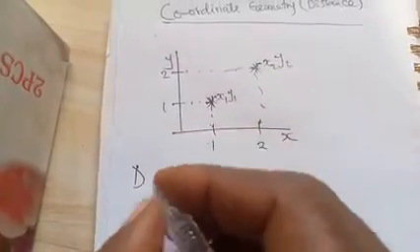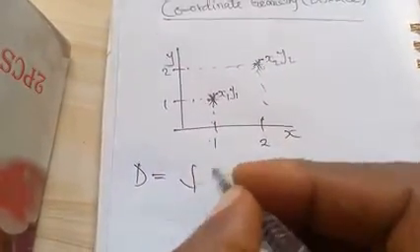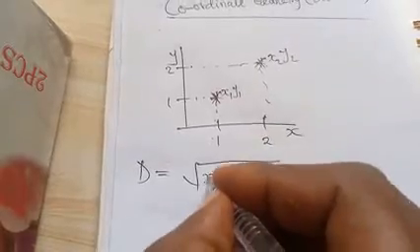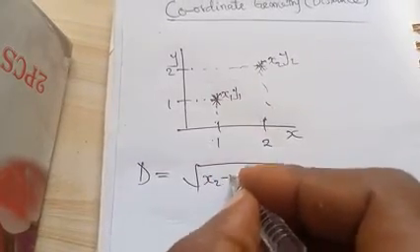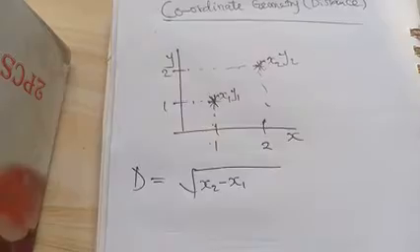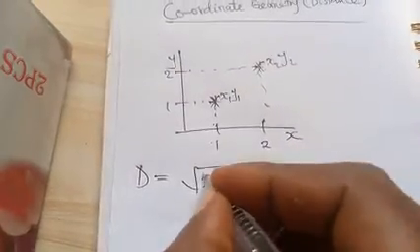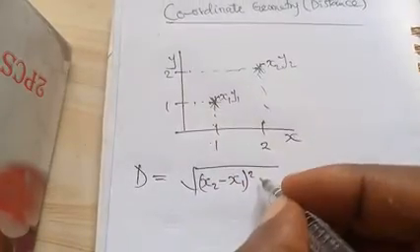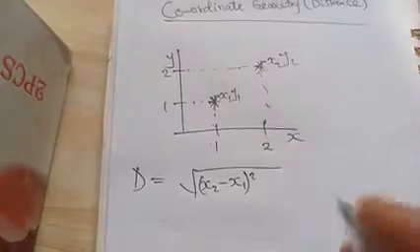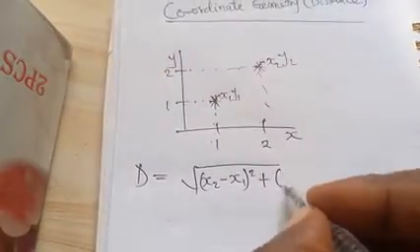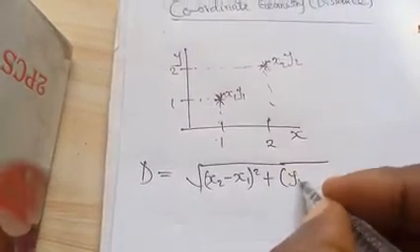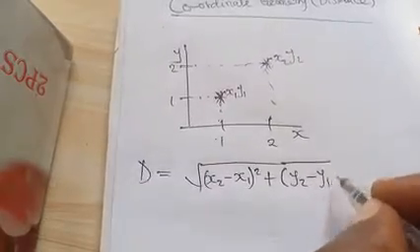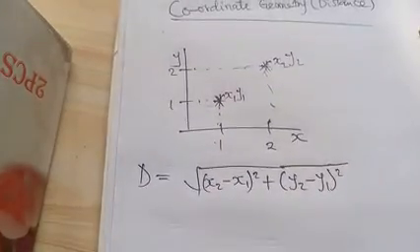Distance d is given by the square root of x2 minus x1 all squared plus y2 minus y1 all squared.